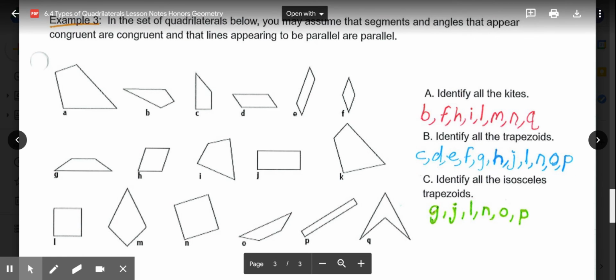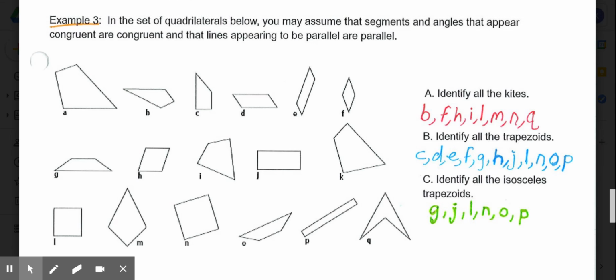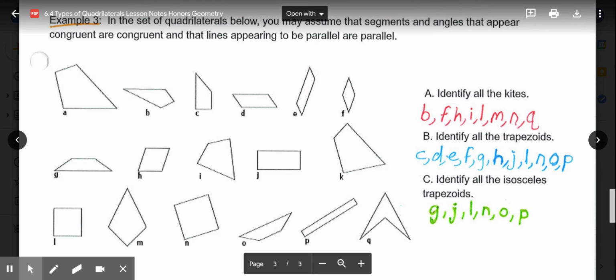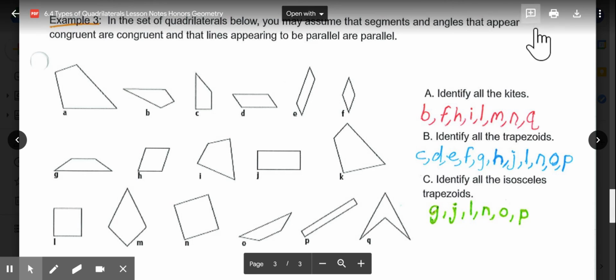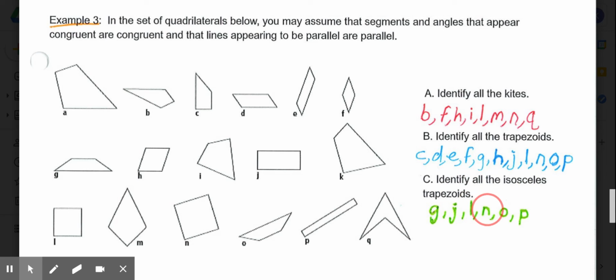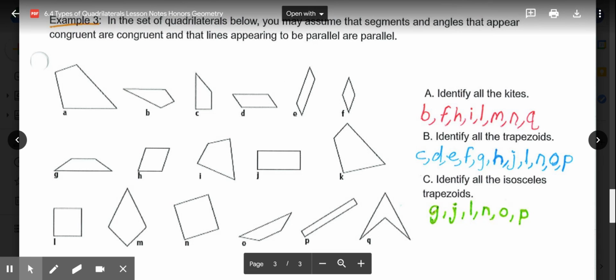Our kites, and we have quite a few, are B, F, H, I, L, M, N, and Q. Our trapezoids would be C, D, E, F, G, H, J, L, N, O, and P. And our isosceles trapezoids would be G, J, L, N, O, and P.